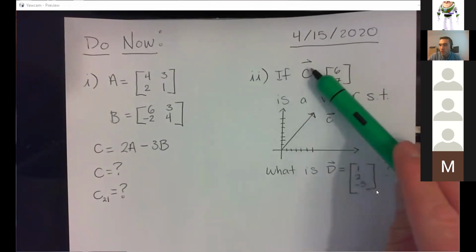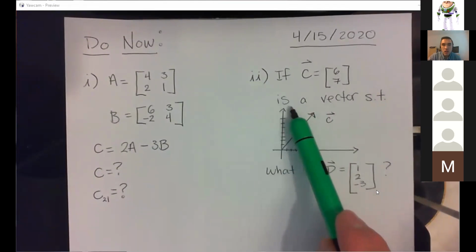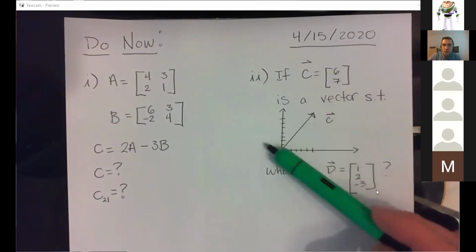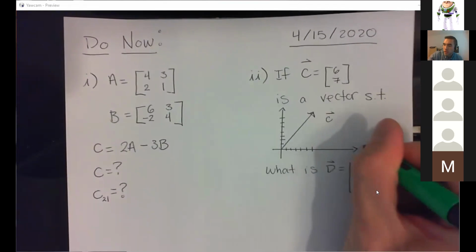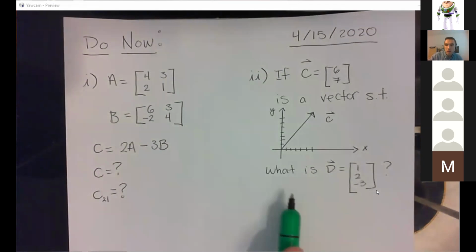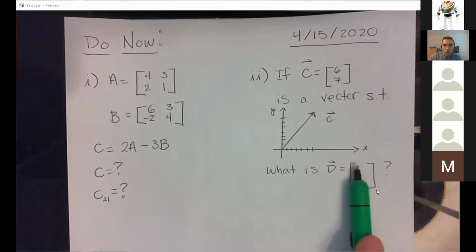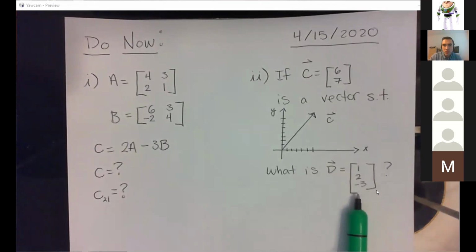But nonetheless, if vector C is equal to 6, 7, such that it's this vector right here in the xy plane, what do you think vector D is if I'm defining vector D as being 1, 2, -3? Think about it, write down a little written response for question number 2 there, just a few sentences on your thoughts. Then we'll go over item 1, we'll talk about item 2.